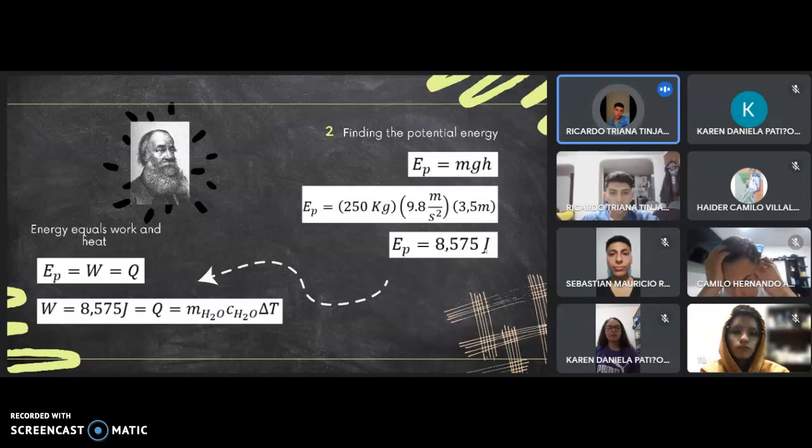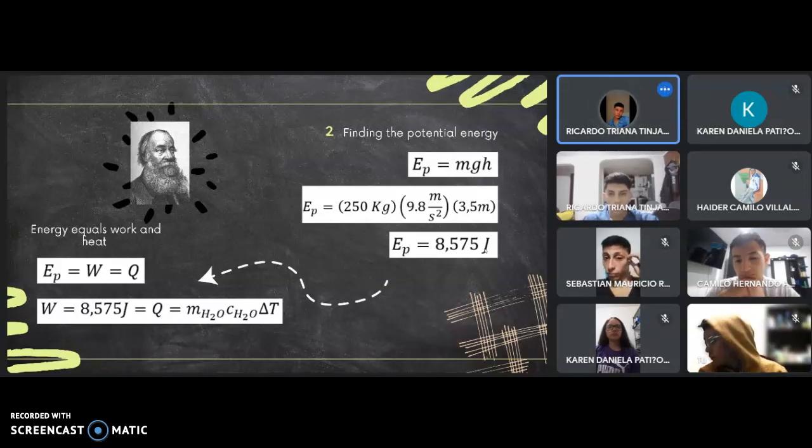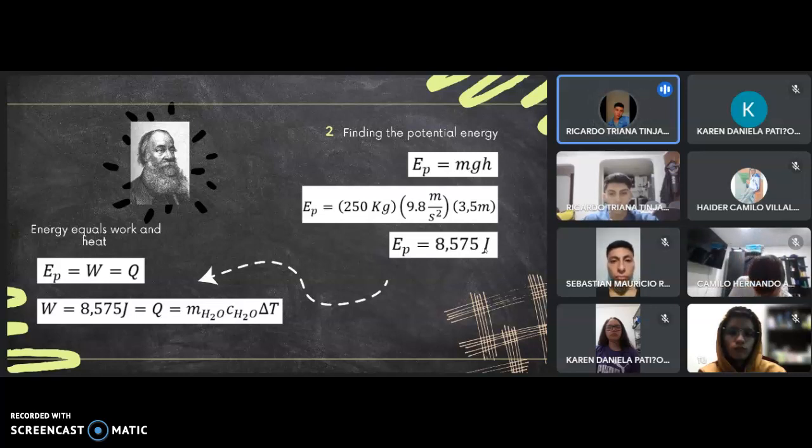We find the potential energy that is stored in the block. It is calculated by the equation which tells us that potential energy is equal to mass times gravity times height, and gives 8,575 joules.